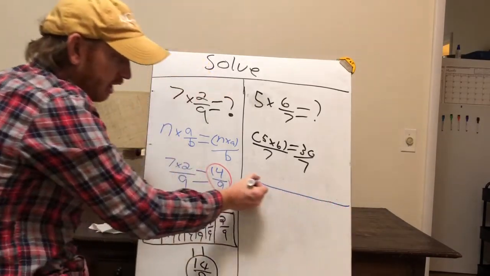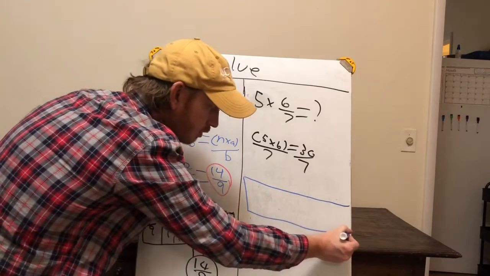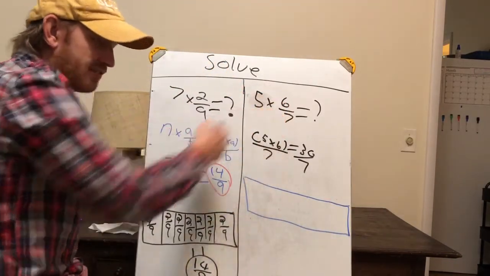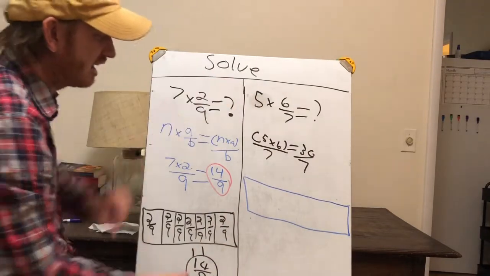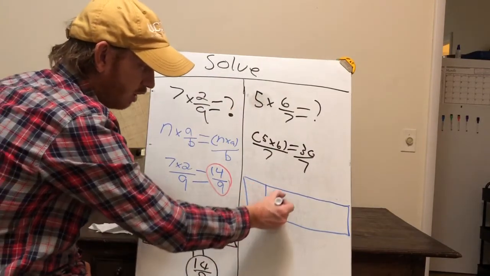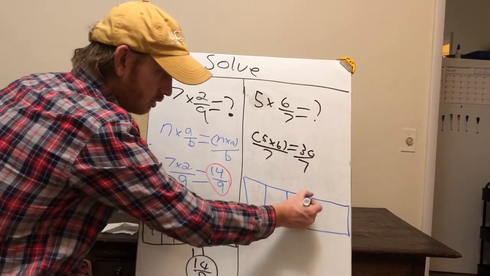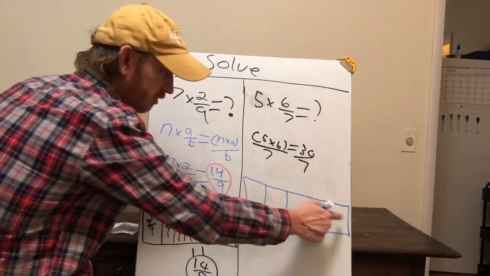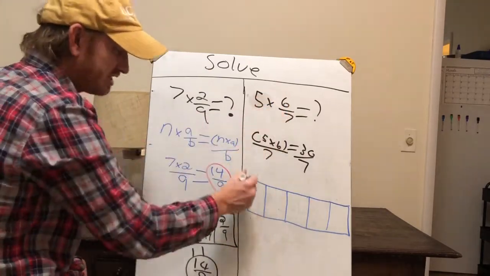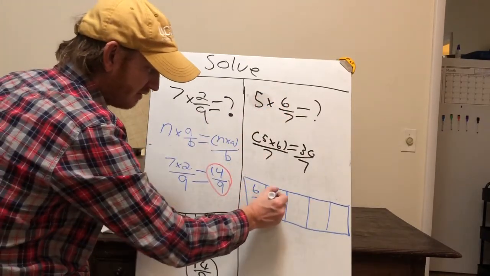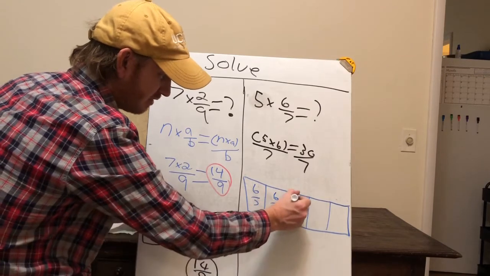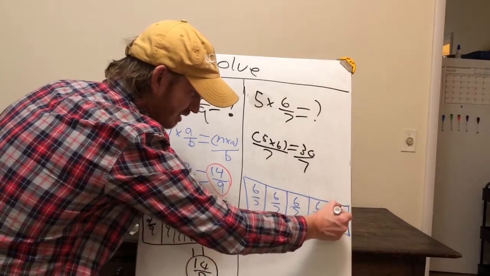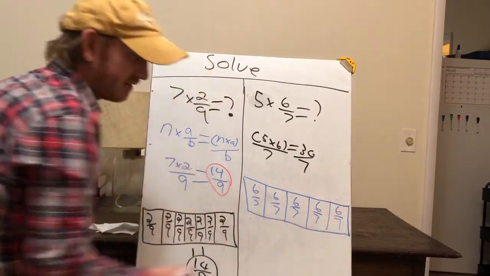So on the bottom here, I draw my tape diagram. And I have 6 over 7 5 times. So I'm going to break it down. 1, 2, 3, 4, giving me 1, 2, 3, 4, 5. And I have 6 over 7 in each one. So 6 over 7, 6 over 7, 6 over 7, 6 over 7, 6 over 7.